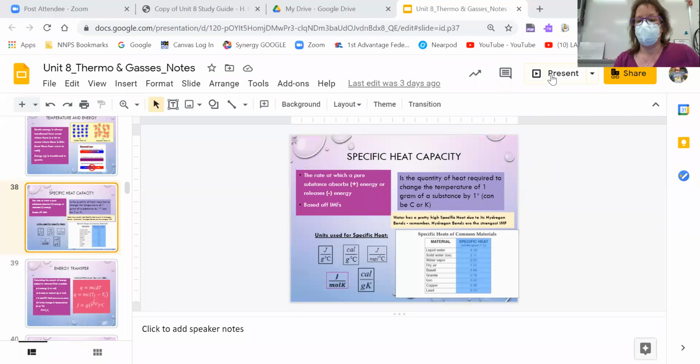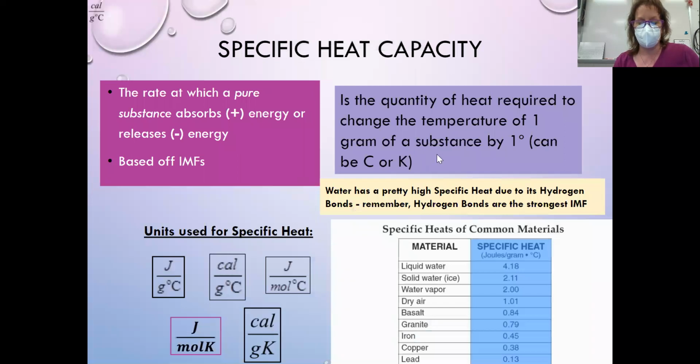All right, so just looking at this slide, there's our definition for specific heat capacity, but this is a table here that just gives some common materials with their specific heat capacities. You see the units are in joules per gram degree Celsius because, again, this is the amount of energy required to raise 1 gram 1 degree Celsius. So that's why we have all the units there.